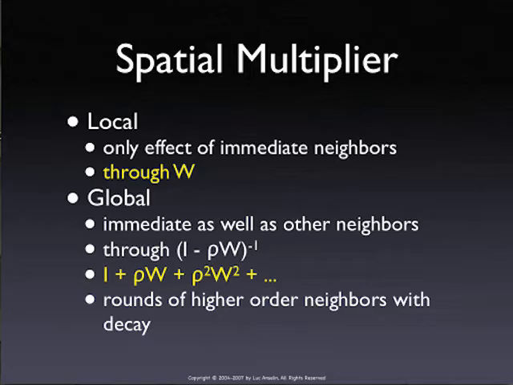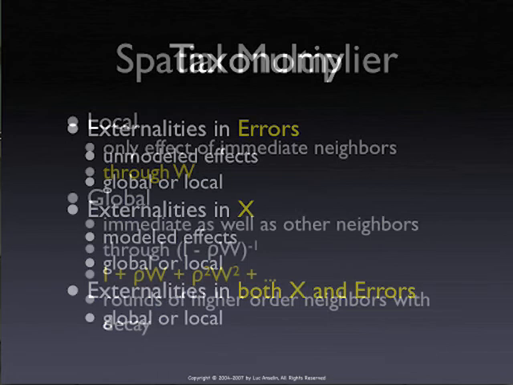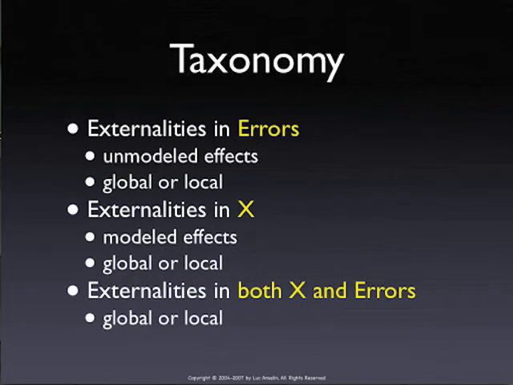So then we can start our taxonomy, where we look at externalities in the error terms. These are, if you wish, unmodeled effects. For example, things like culture or sense of community, or those other things that we know are there, and we know they're spatially correlated, but we don't really observe them. That's why they are in the error term.